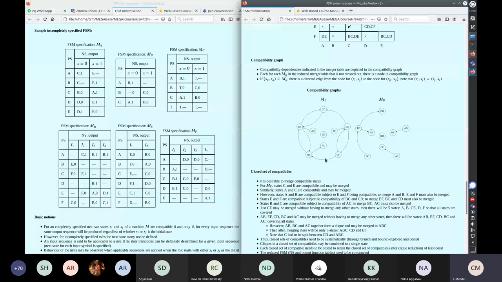There is ample time, so you do for ME and MF also. You construct the compatibility graphs for both ME and MF. For MF you have got only 5 states, A to E. For ME you have got 6 states, A to F. So you construct the compatibility graphs for both ME and MF and submit.